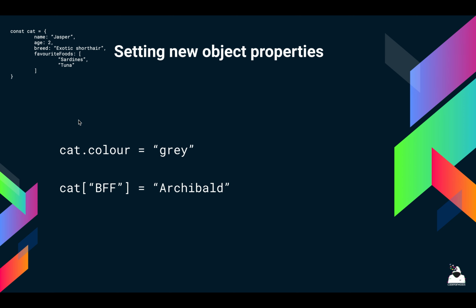It's a bit confusing, but we can change it. So cat.color equals gray, so we set it to the value gray. cat.bff is set to Archibald, which I think is the name of Vasile's dog.